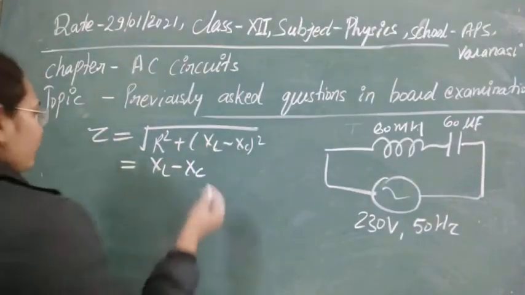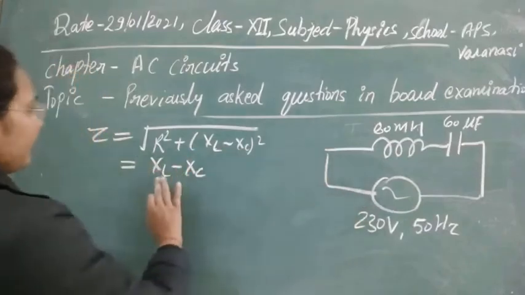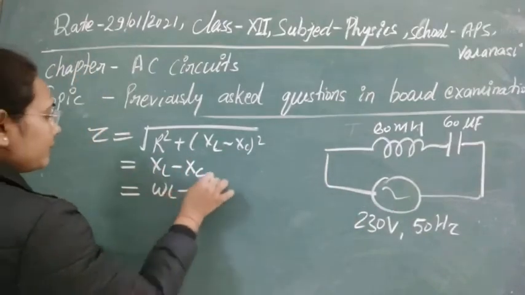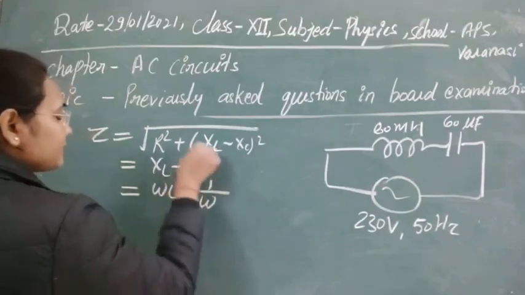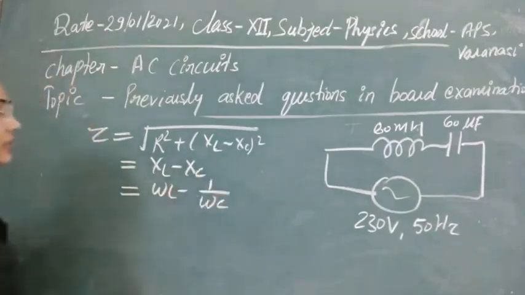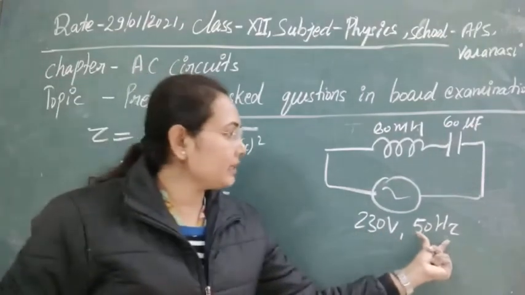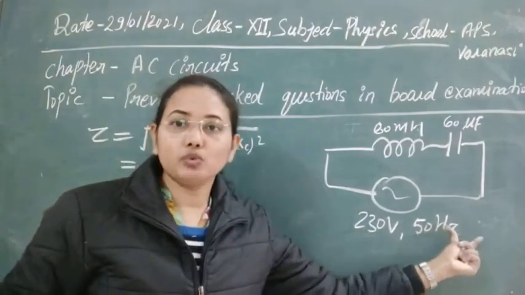Clear? Now we can just put in the values. The value of XL is omega L. We have the value of reactance in the capacitive circuit, that is 1 upon omega C. The value of omega can be written in terms of frequency, that is 2 pi f.